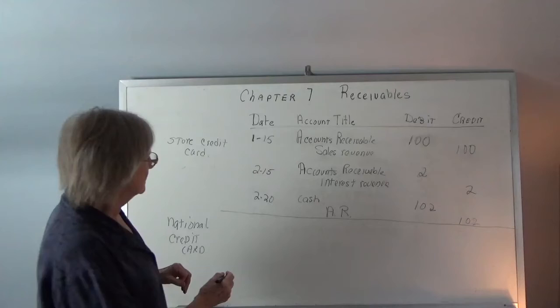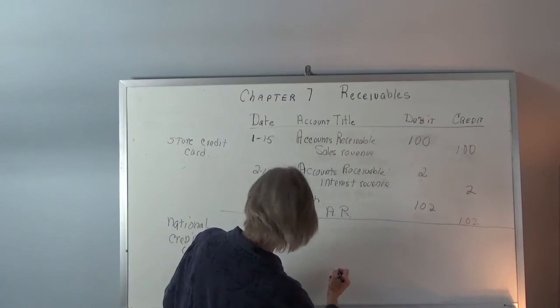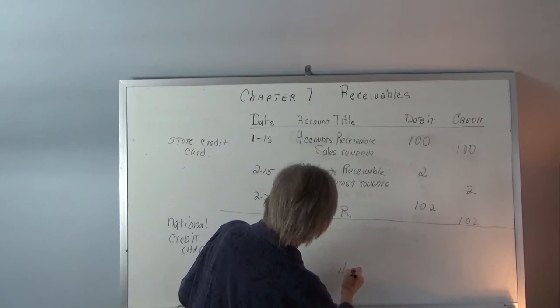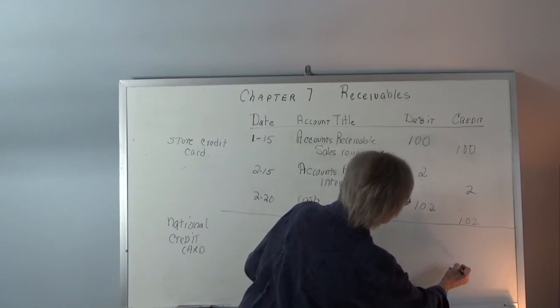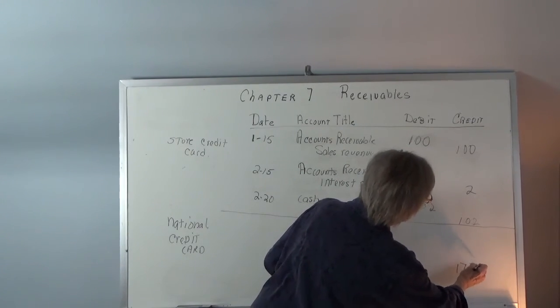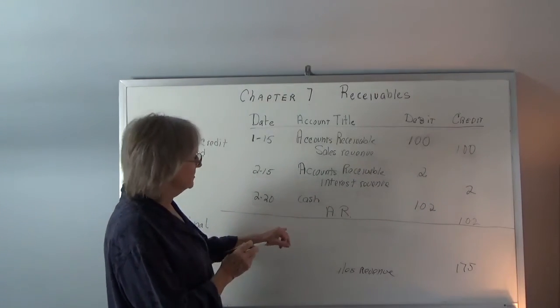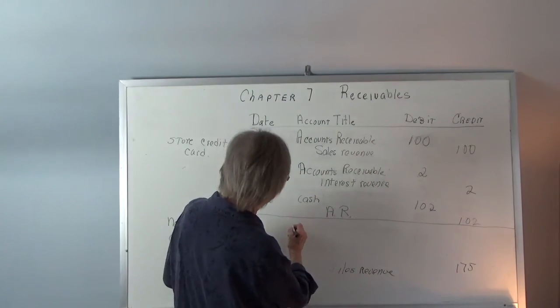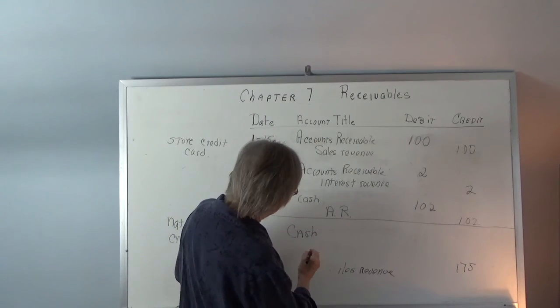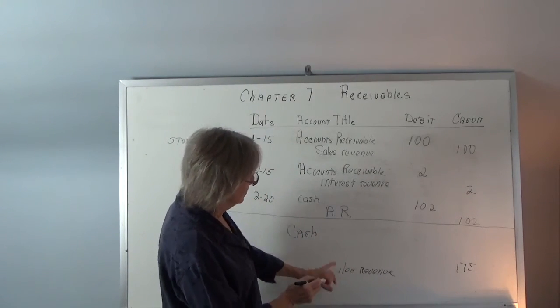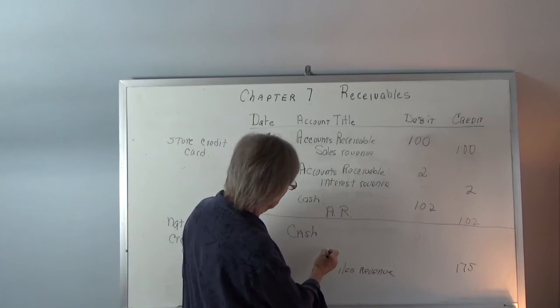Okay, so basically you'd be booking the sales revenue of the full 175, but we do not debit our accounts receivable here. We're just going to be debiting cash, okay? And the amount of cash is going to be the sales revenue less that 4% credit card fee.